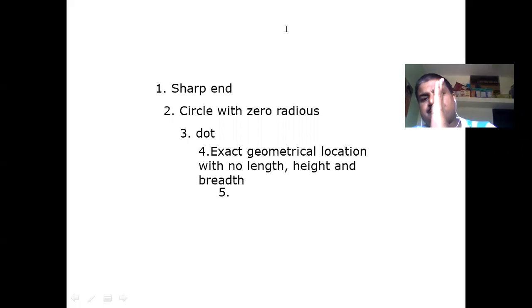It means you will have to project it, and how we can project that particular point is the first part of our first chapter, that is projection of point.